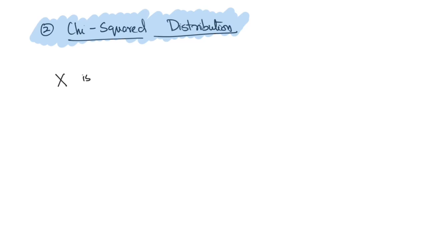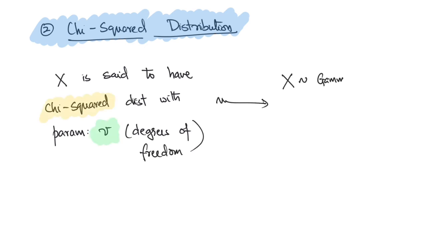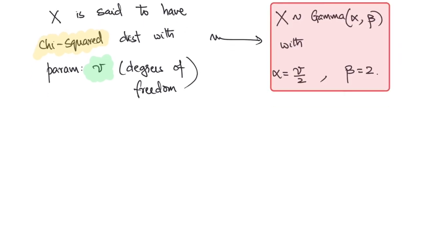The next interesting distribution coming from the gamma family is the chi-squared distribution. And we say that the random variable x has the chi-squared distribution with parameter nu, which is called the degrees of freedom, if x has the gamma distribution with parameters alpha and beta, where alpha equals nu over 2 and beta equals 2.